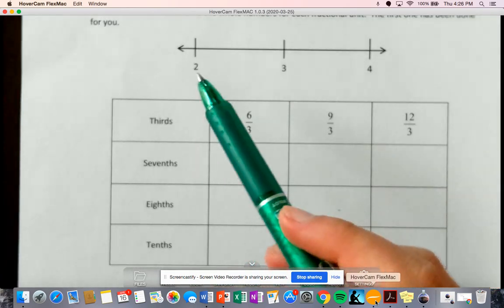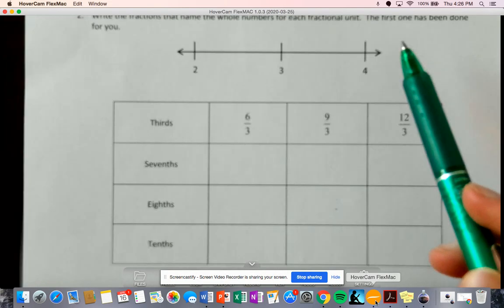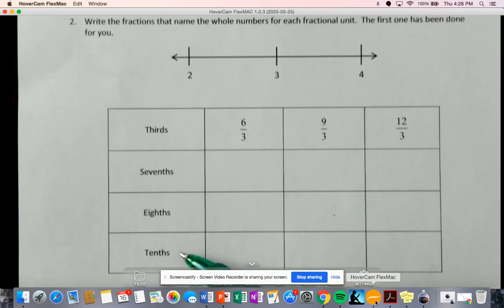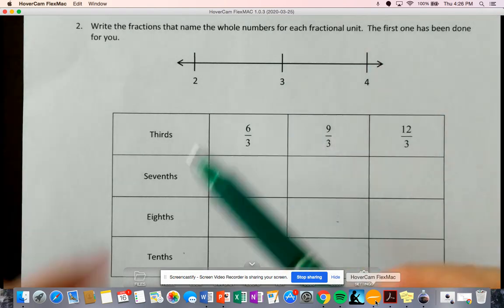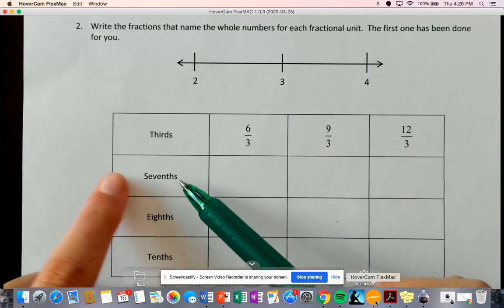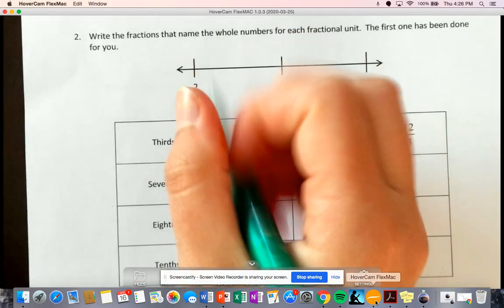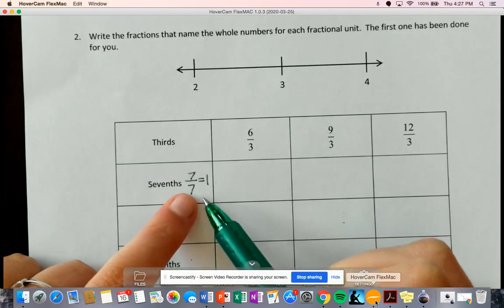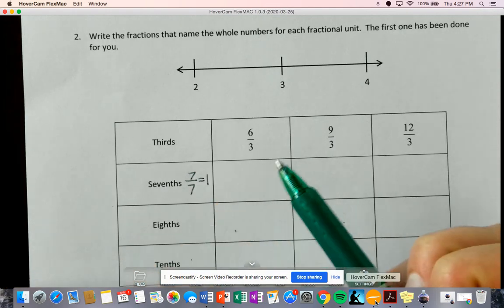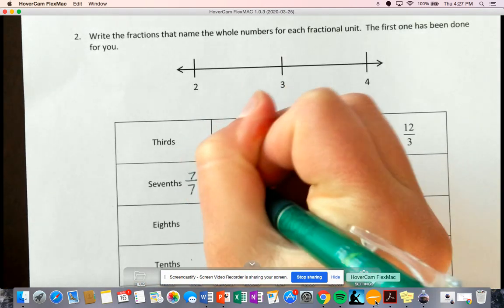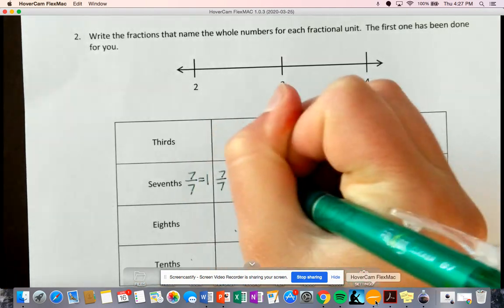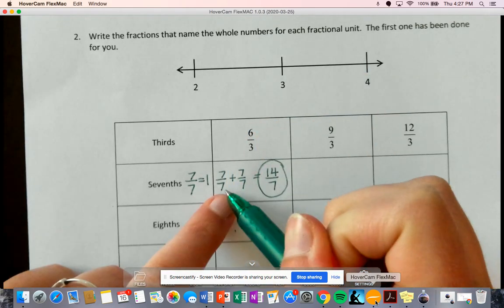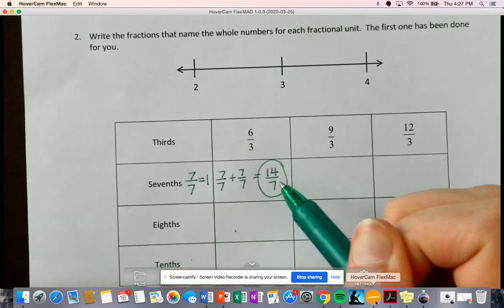Now, here, it gives us a number line from 2 to 4, and it wants us to represent each of these fractions from 2 to 4. So, sevenths. I know that there are 7 sevenths in one whole. So if I'm doing 2 wholes, then I'm going to do 7 sevenths plus 7 sevenths, which equals 14 sevenths. 1 whole plus 1 whole equals 2 wholes.